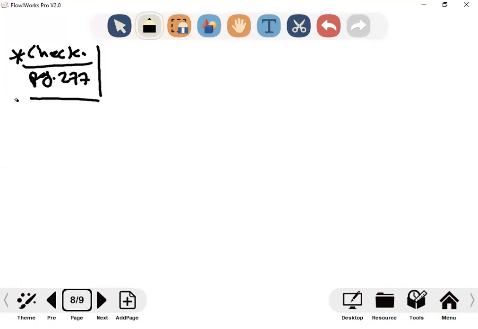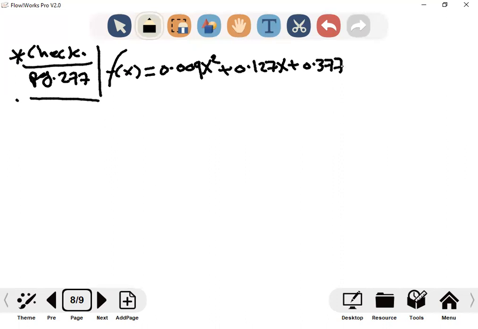Okay, it says the ideal weight of a kitten in pounds is modeled by the function f of x equals 0.009x squared plus 0.127x plus 0.377.